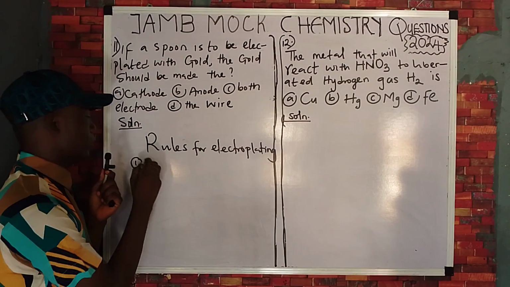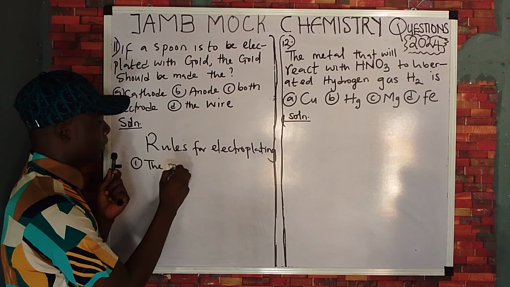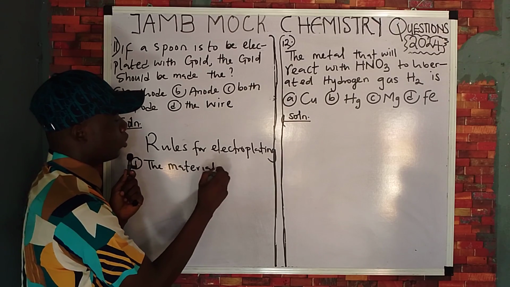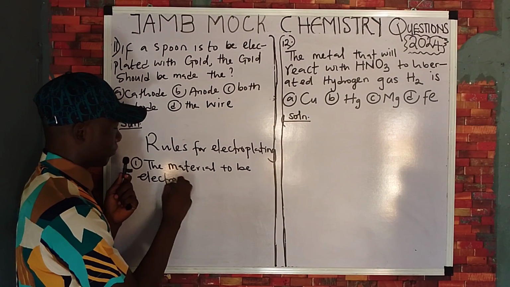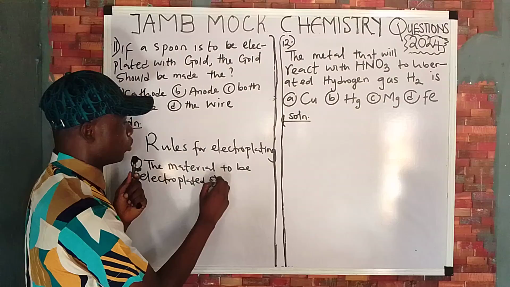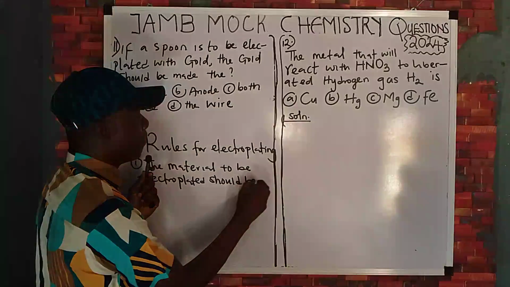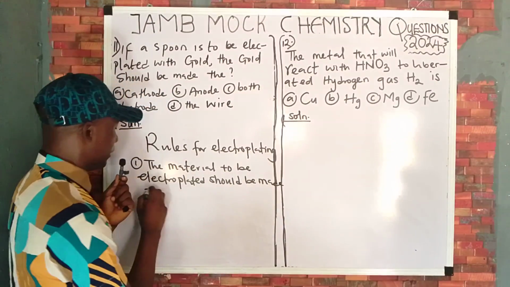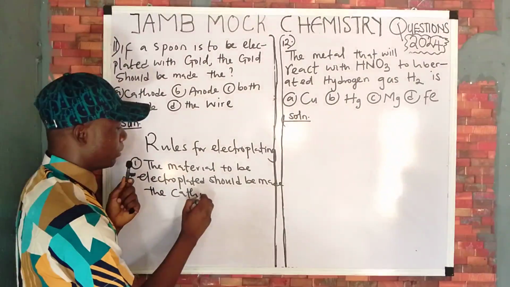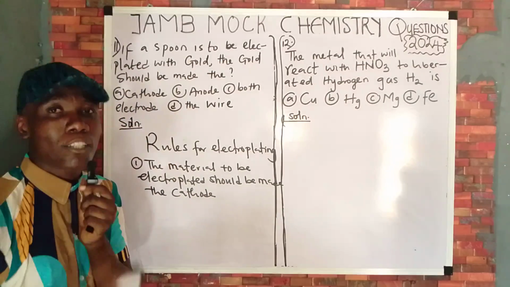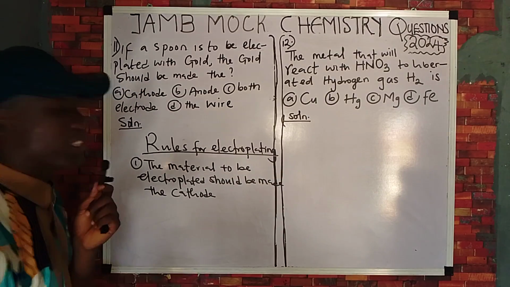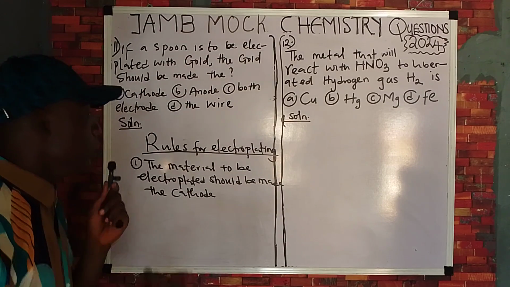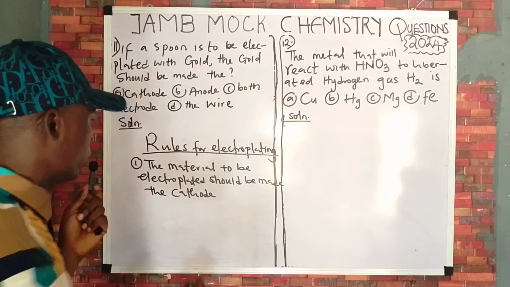Number one rule: the material to be electroplated should be made the cathode. Please take note. Write it down, please. The rule for electroplating: the material to be electroplated should be made the cathode.